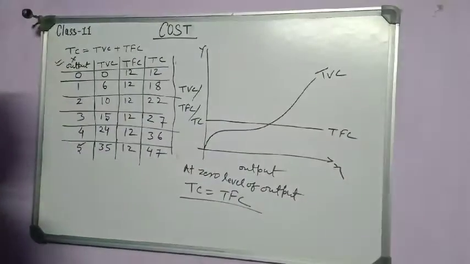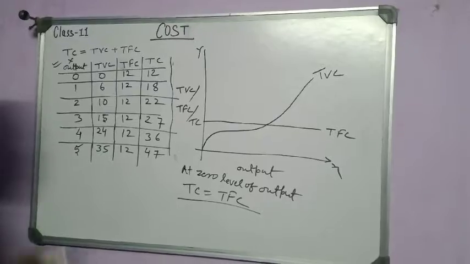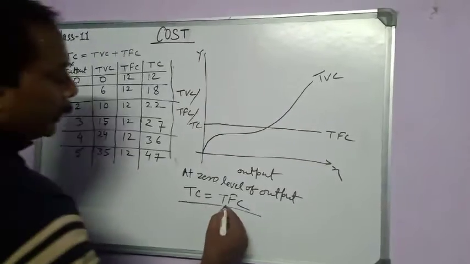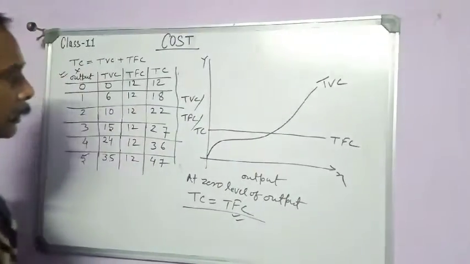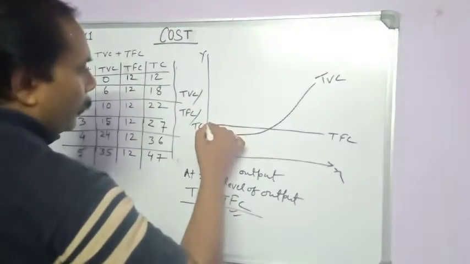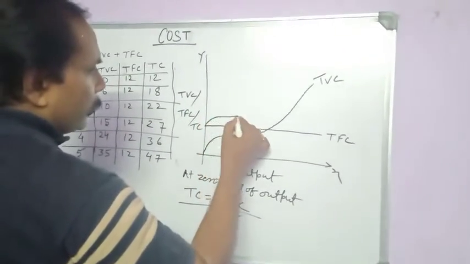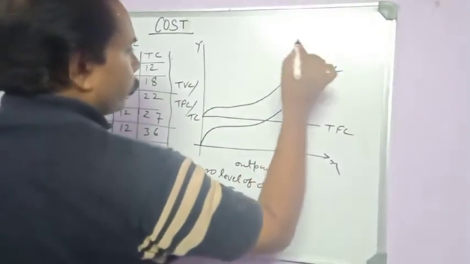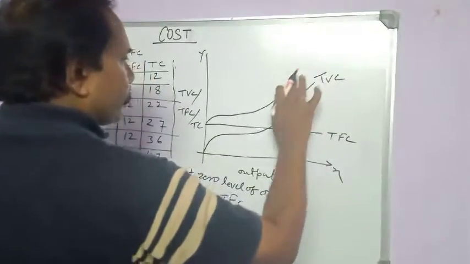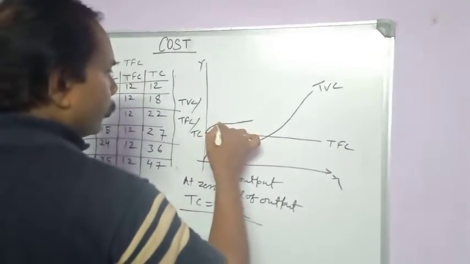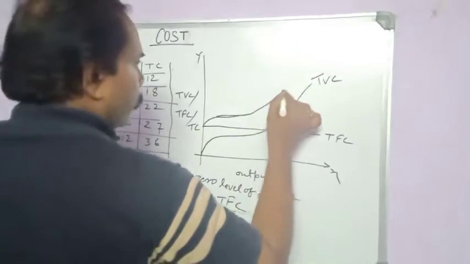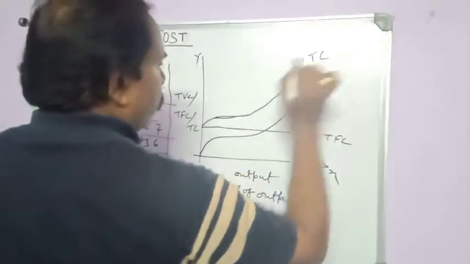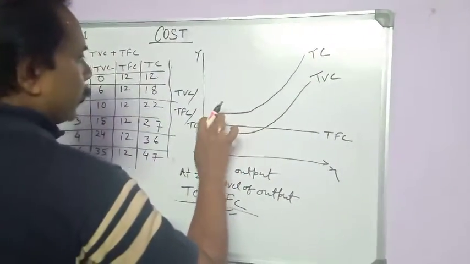Clear? So TC will start from that point from where TFC starts. So that is our TC. Is it clear?